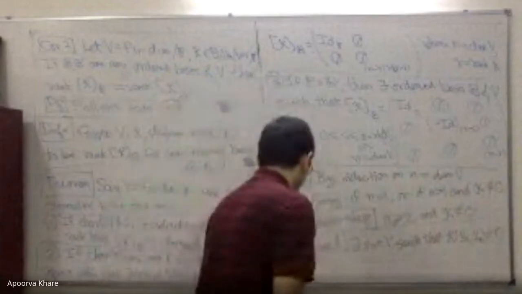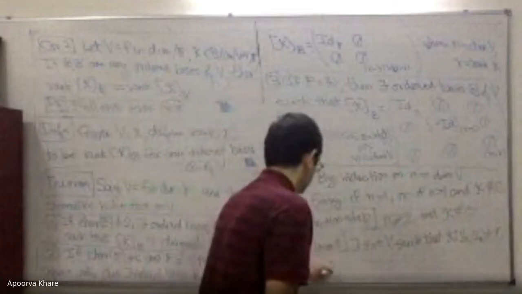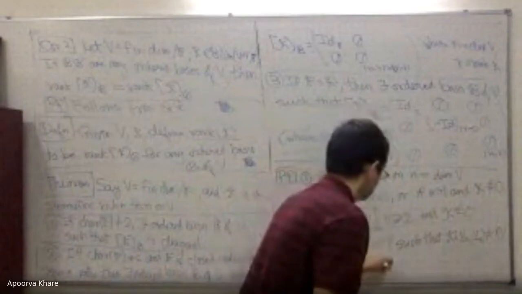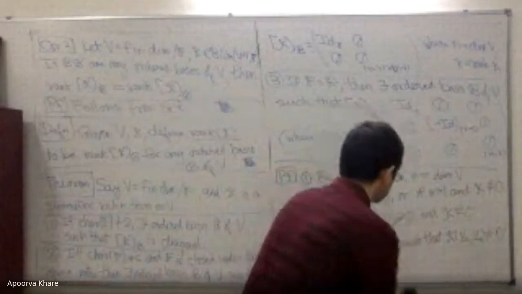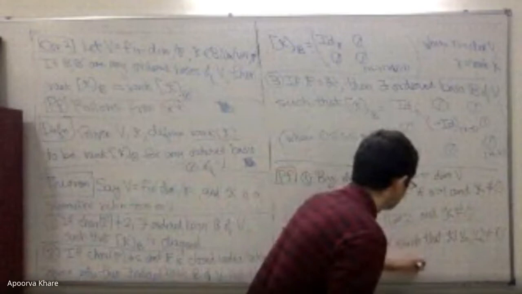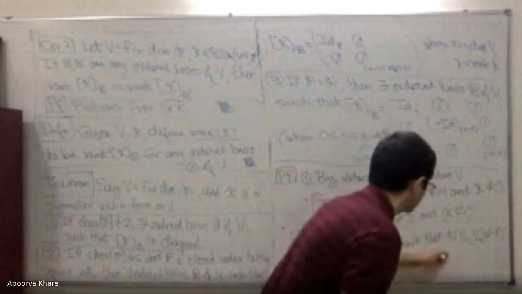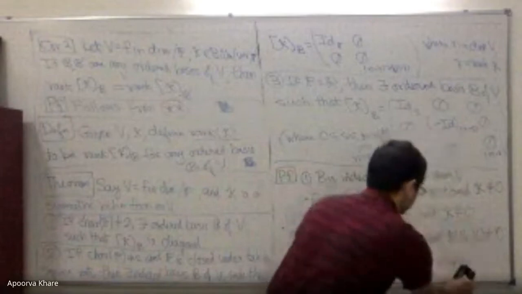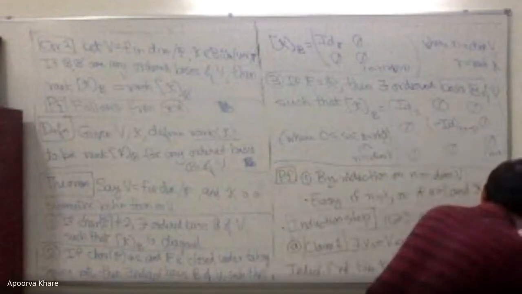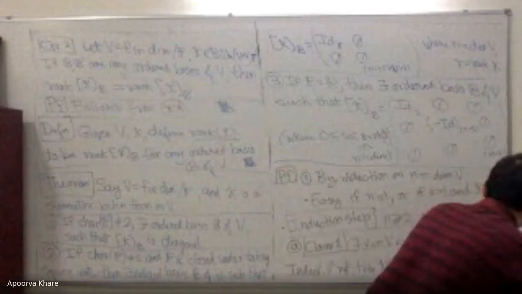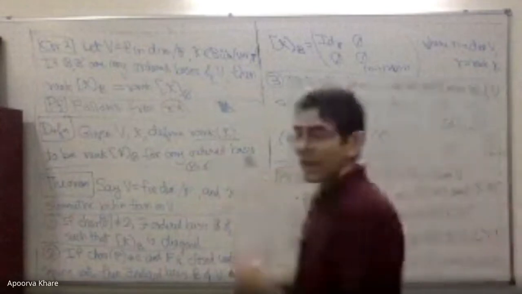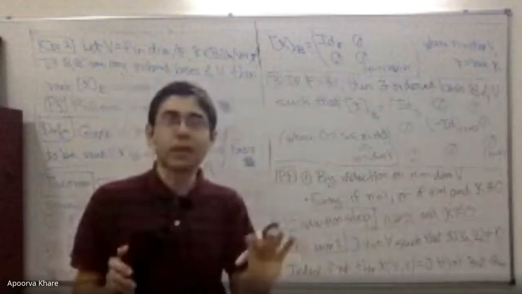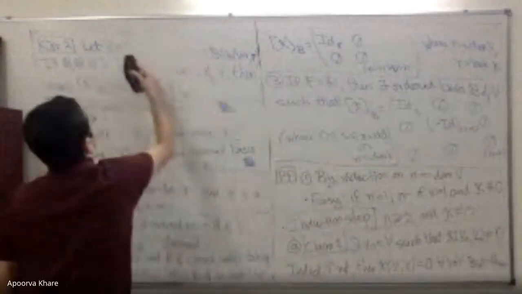Indeed, if not, then let's say kappa of V comma V is 0 for all V in V. But then I'm going to calculate kappa of V comma W, V not equal to W, anything, and prove that it is 0. Let's see that.